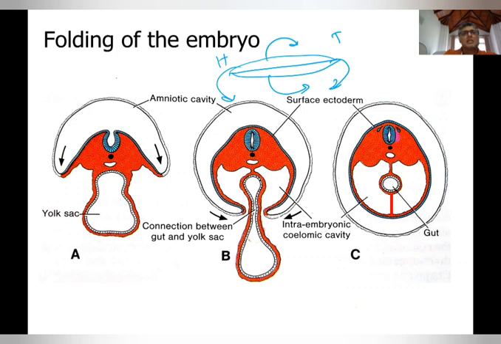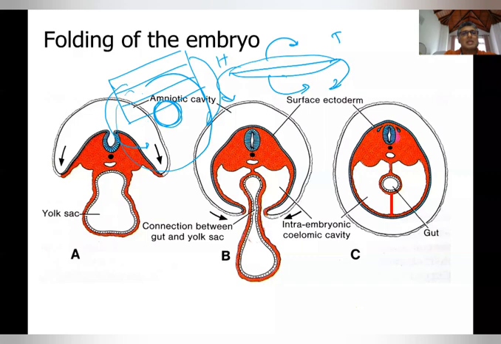What happens is the ectoderm that was lying at the back here, because of this folding, comes to cover the whole thing. So the endoderm inside forms a tube again and forms the gut. Ectoderm covers all around, and the middle one lies in between, the mesoderm.